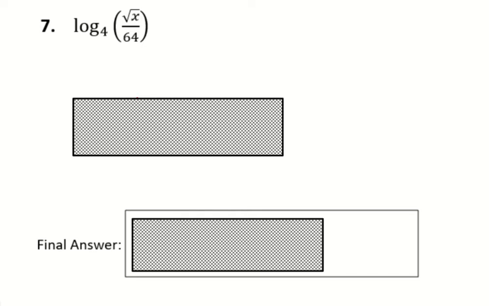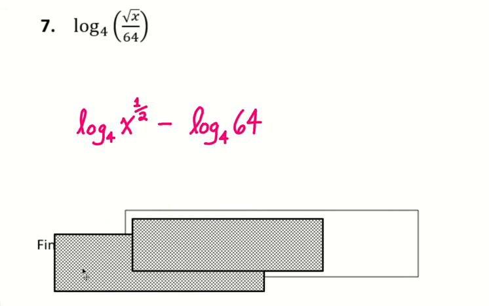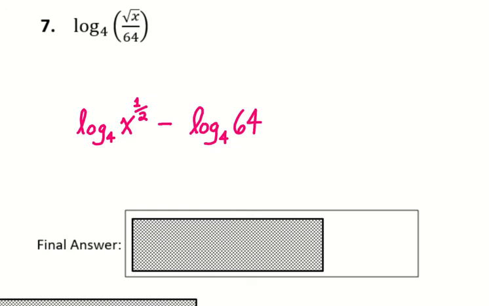More than anything, this is a log of a quotient, okay? You might already see the power that's involved, but you're not going to bring that power down until you apply the quotient rule. And see what I did already? The square root of x.